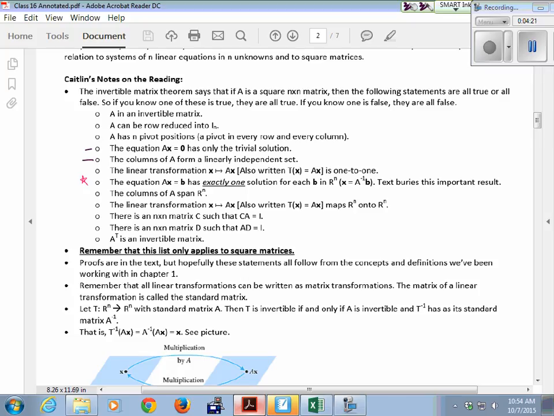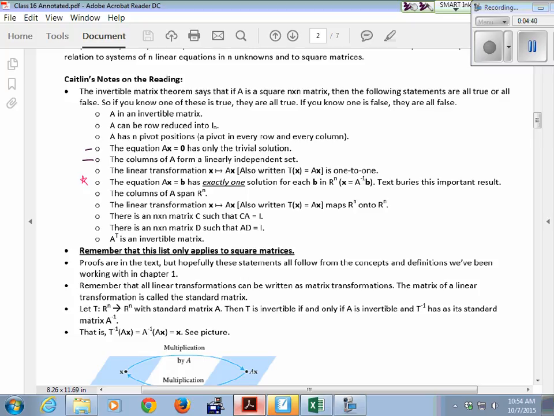We also said the linear transformation x goes to Ax is 1-to-1. That's also a pivot in every column, no free variables.